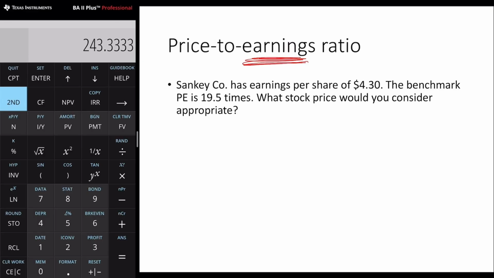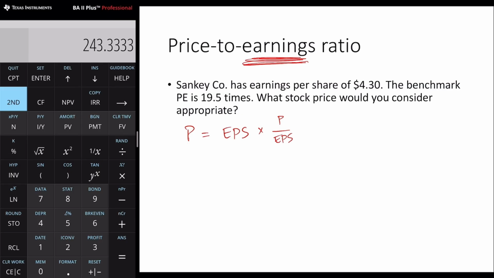Sand Key Company has earnings per share, EPS, of $4.30. The benchmark price to earnings ratio is 19.5 times. What stock price would you consider appropriate? Well, basically the idea here is to say the price is equal to our company's earnings per share multiplied by some benchmark price to earnings ratio.